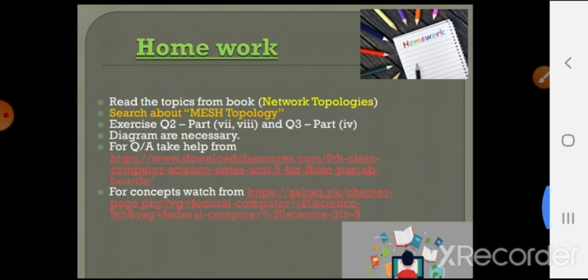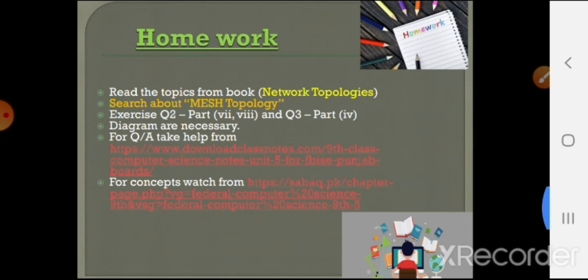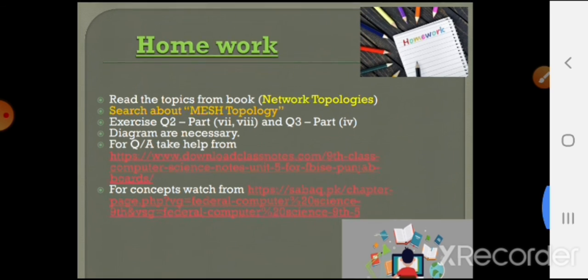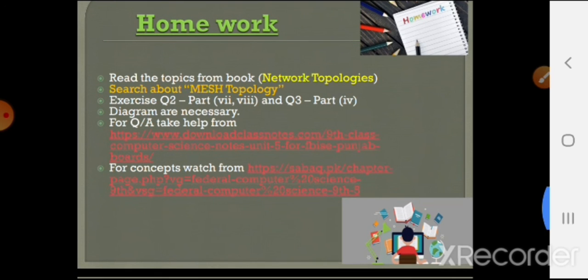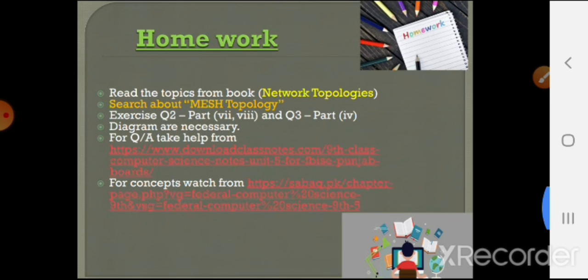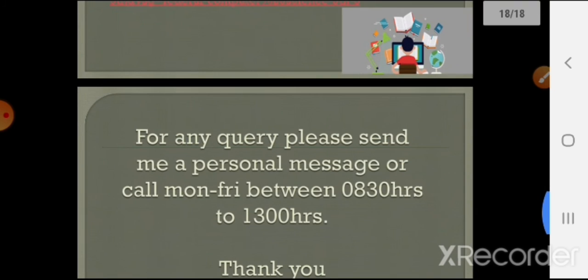You have to know the diagrams of different topologies, because if you attempt a question about topologies without a diagram, your marks will be deducted. If you want to take help, I have mentioned the links, and you also have the soft copy of this lecture.